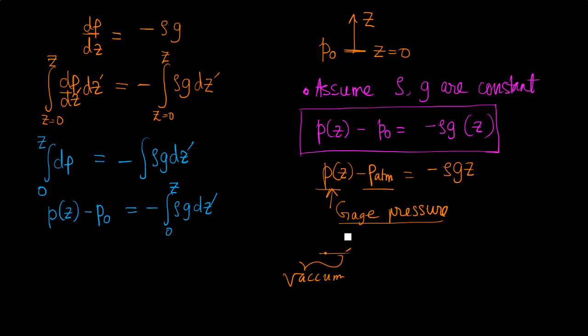So now we have an expression for the pressure at a point. In particular, we have an expression for the gauge pressure. Let us look at the justification whether g and rho can be assumed as constant.